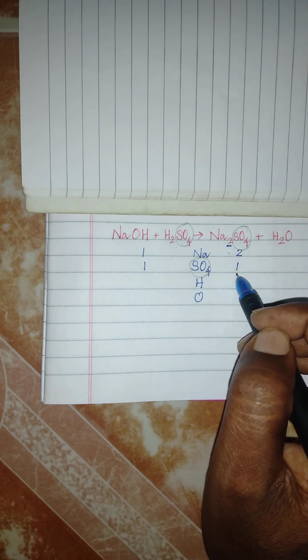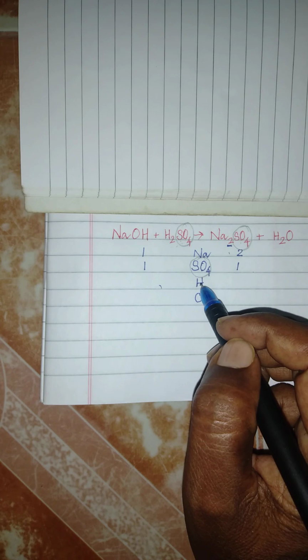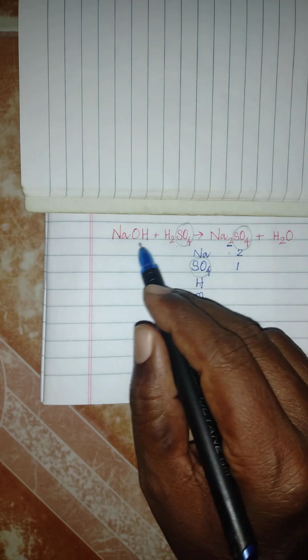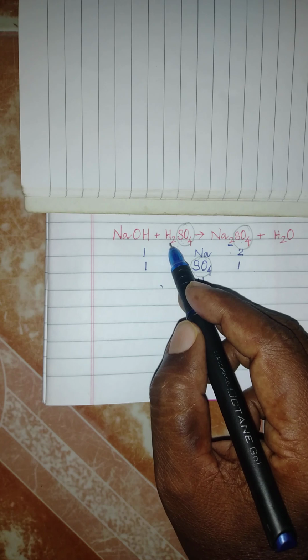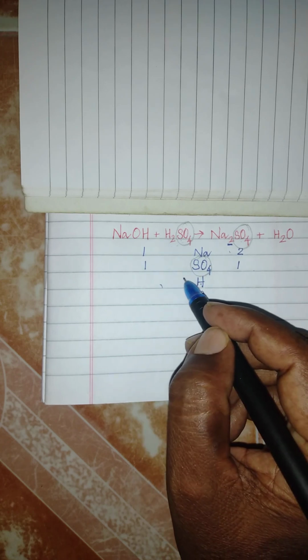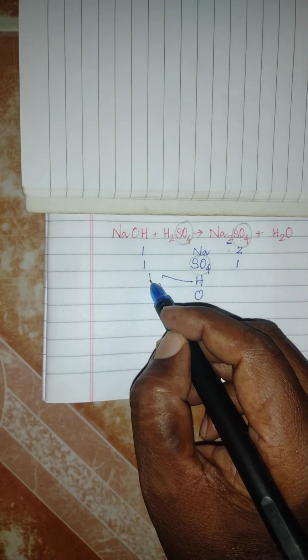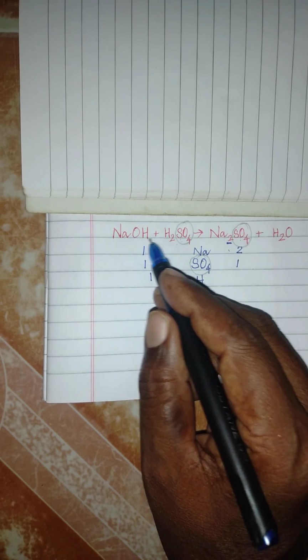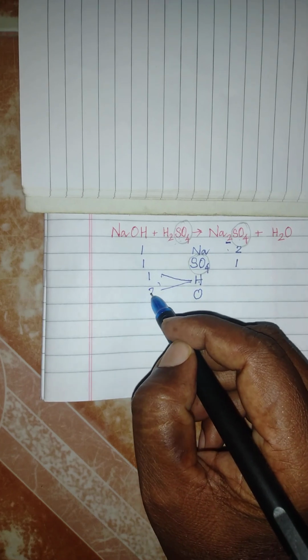Now hydrogen at the left hand side. Hydrogen is present at 2 different places on the left hand side. Here it is 2 times, but here it is only 1 time. So we can write it.